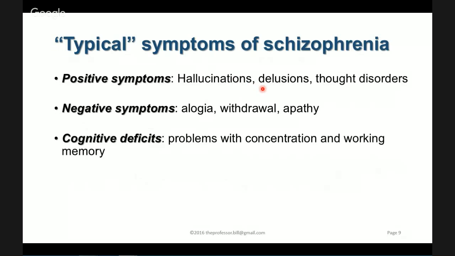You will have really aberrant thoughts and thought disorders, things that haven't occurred before, and these become positive symptoms. Some things are taken away, and these negative symptoms, where you're withdrawing or feeling guilty and withdrawing, alogia or not speaking as often as you were, as well as these cognitive deficits, really make this an interesting disorder.